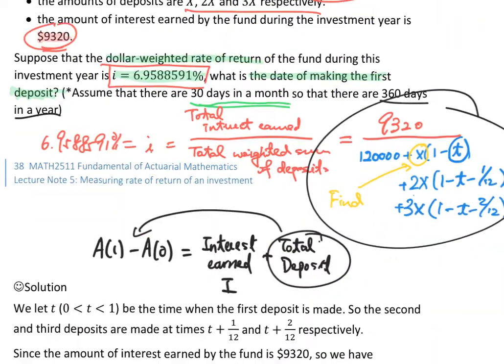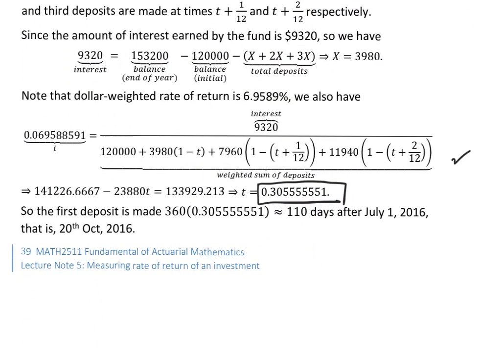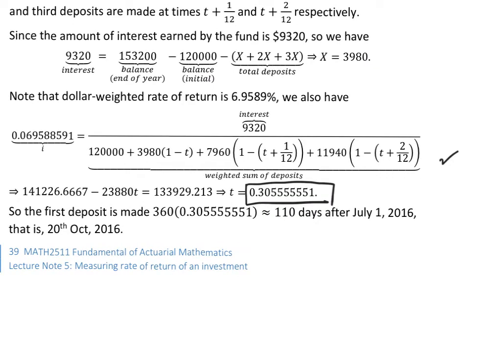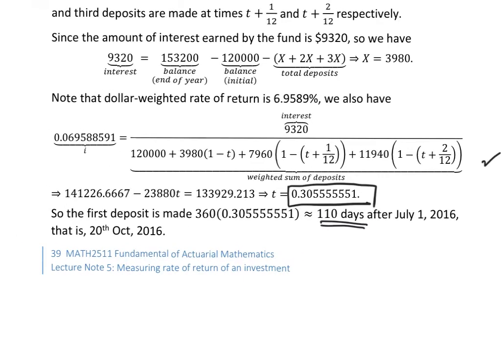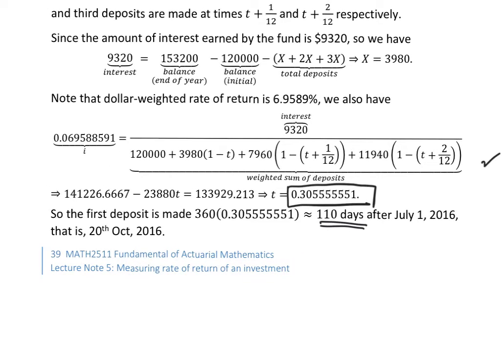So you just multiply this t by 360, and that will be 110 days. So that means the first deposit will be made 110 days after the 1st of July of 2016. And then let's assume that you have 30 days in a month, then the first deposit will be made on the 20th of October of 2016.